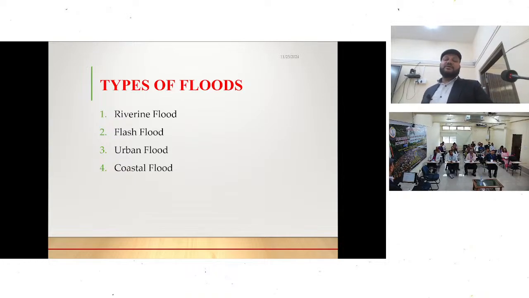In Uttarakhand, I have seen a lot of flash floods and a lot of damage. In hilly regions, there is no flood. Flood is only in plains. Assam, UP, Bihar, West Bengal are affected by flood, but other hilly regions are affected by bank erosion. Due to flash flood, everybody is washed out. Then there is urban flooding and coastal flood, tsunami.